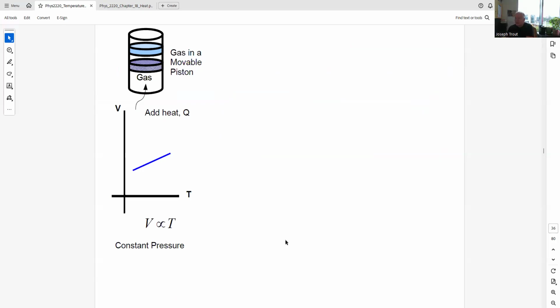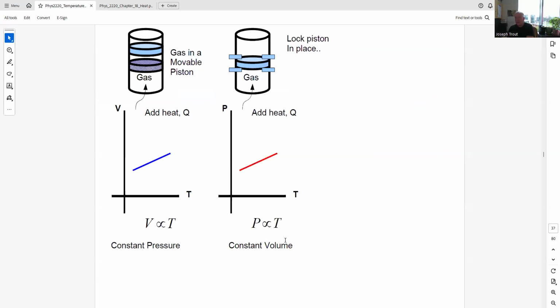So we've been talking about the ideal gas law. What we find is if we heat a gas at a constant pressure, the volume increases as the temperature increases. And if we lock it in place and add heat, the pressure is going to increase as the temperature increases.